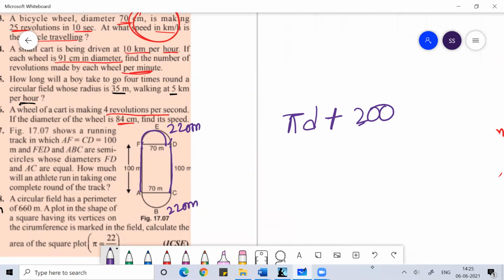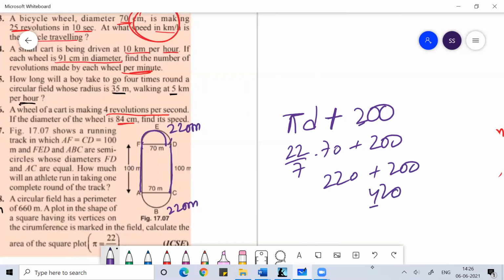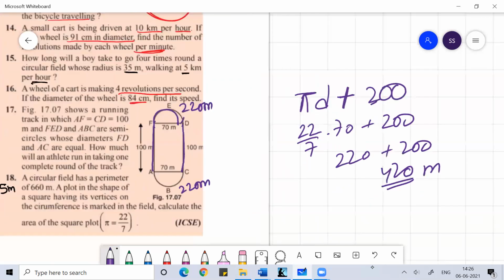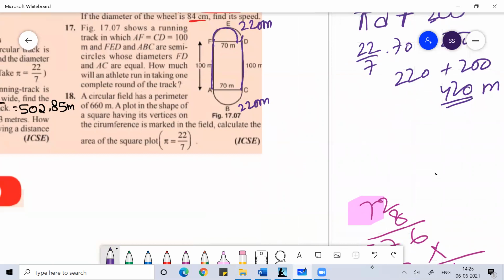Pi d is 2 by 7 into 70, that is 220, plus 200, means 420. Yes, sir. 18th one.